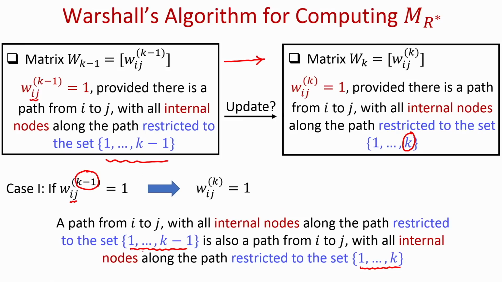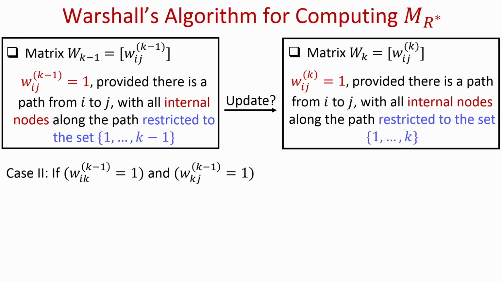If such a path excluding node k is also already present and known to exist in the previous matrix W k minus 1, I can say that that is still a valid path in the matrix Wk, right. And I can check whether the i comma jth entry in the matrix W k minus 1 is 0 or 1. If it is 1, I can simply copy that entry in the new matrix.